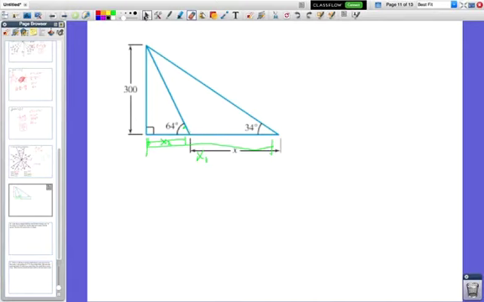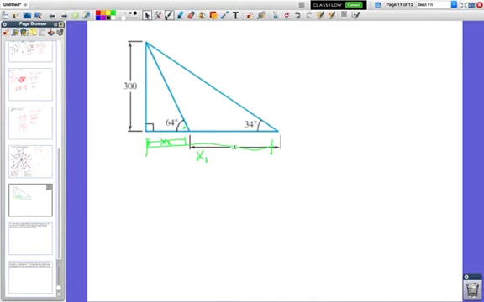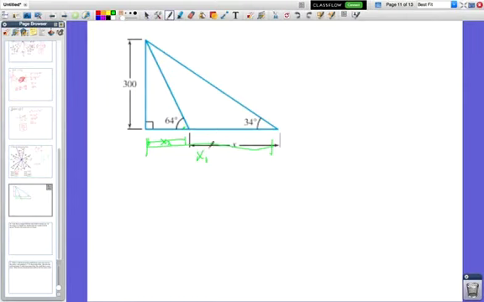So setting this up, I'm going to look at x sub 2. If I want to find x sub 2, I need to be using tangent, because I have my opposite side and I'm looking for this adjacent side. So I'm going to take the tangent of 64 degrees, set that equal to my opposite side divided by my adjacent side.